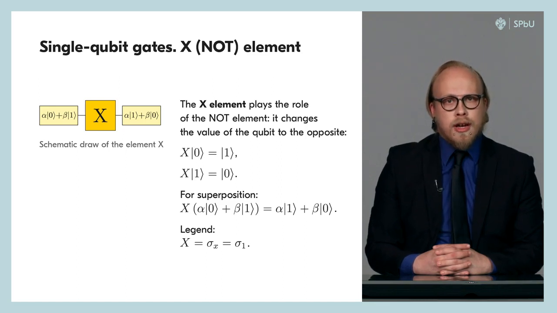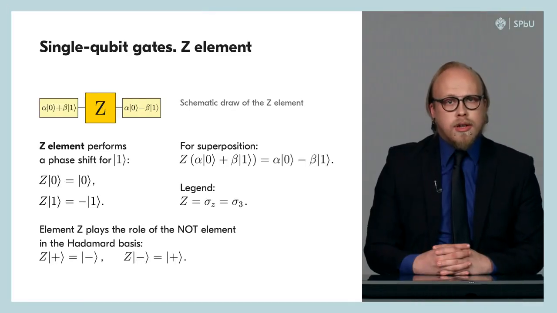Such an action of the element x on the states 0 and 1, as well as their superposition, tells us that the mathematically unitary operation corresponding to this element is identical to the Pauli matrix sigma 1, often denoted sigma x. Schematically, this element will be denoted as the Latin letter X.